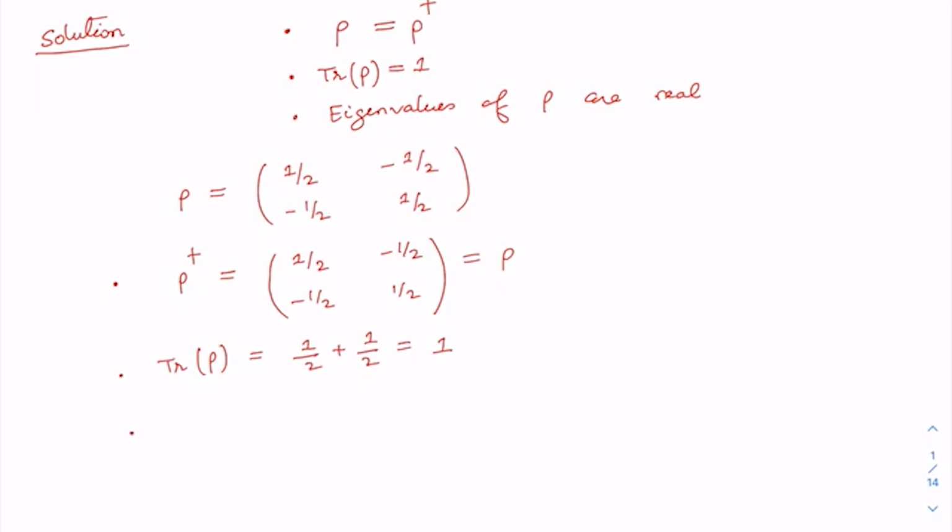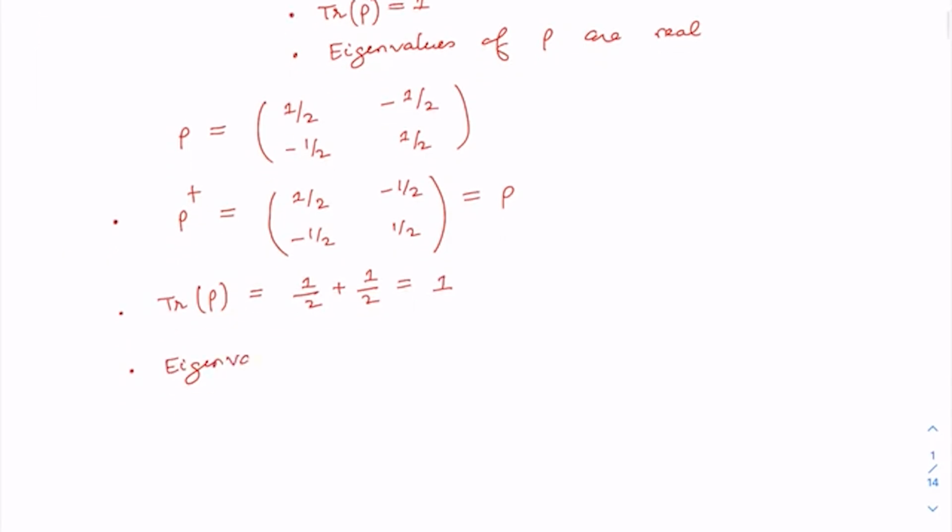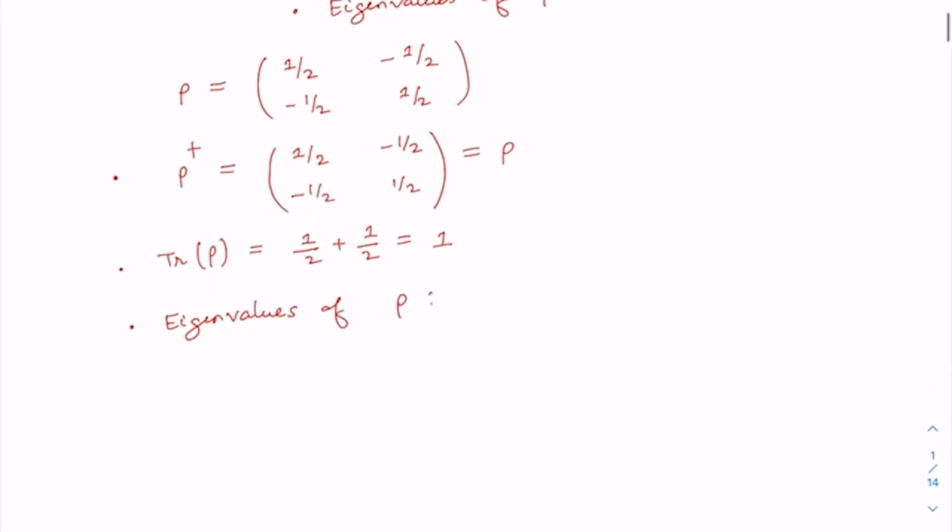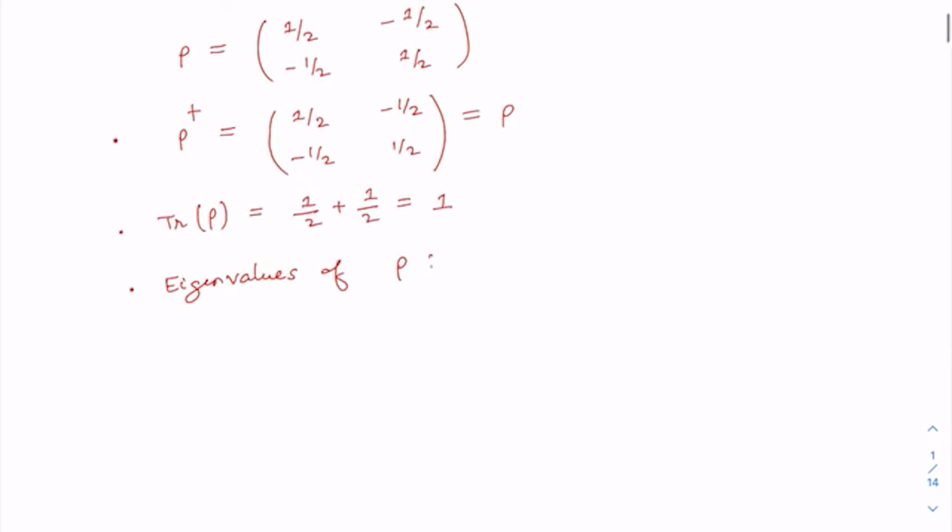Now let us find out the eigenvalues of rho. To find that out, we have to set up the characteristic equation. That would be determinant of half minus lambda, minus half, minus half, half minus lambda, equal to 0.